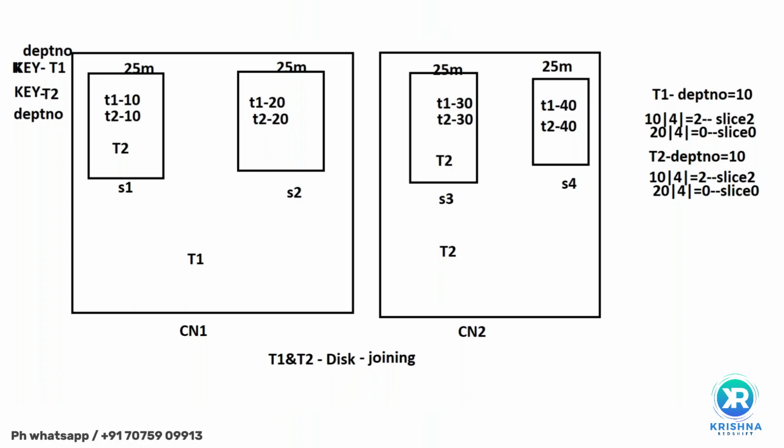In distribution all, the whole table is put in the first slice of each node. You understood this third case? Yes.